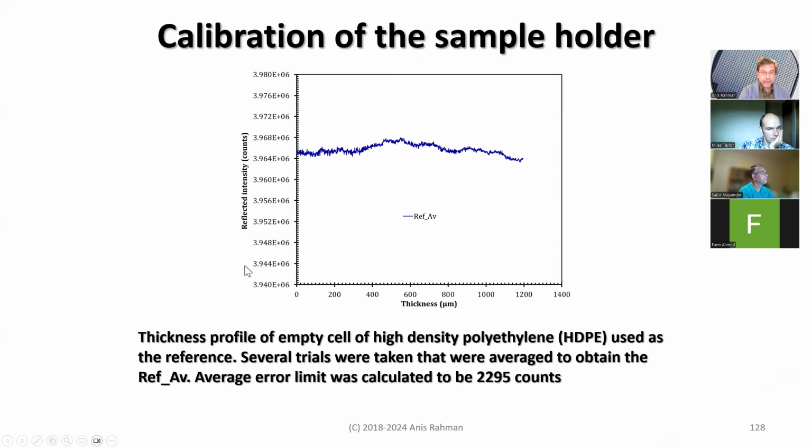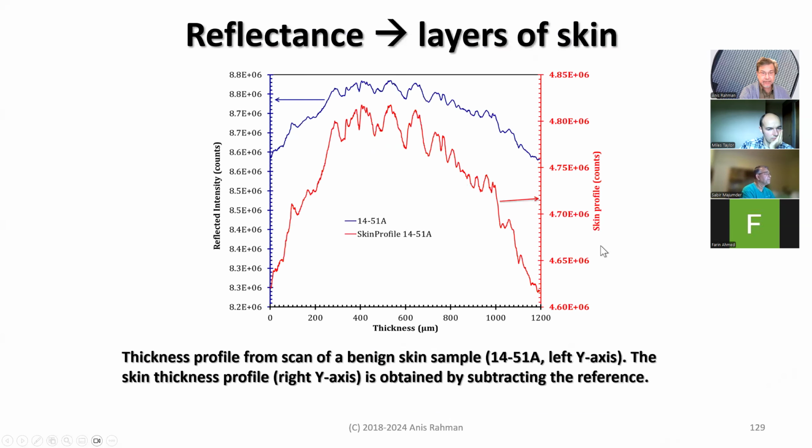Now, in this case, what we have done is put in a benign skin. That skin has no cancer in it. The thickness profile from a scan of a benign skin, or healthy skin, you want to call it that way, is obtained by subtracting the reference.